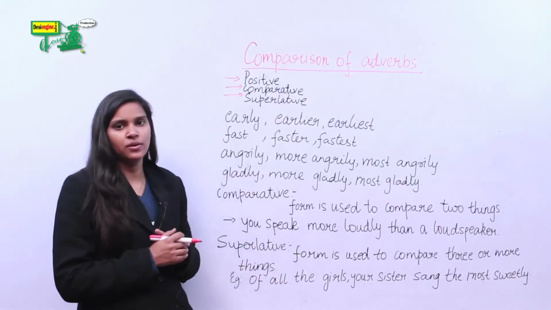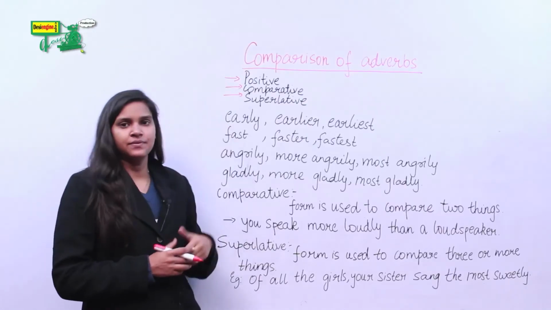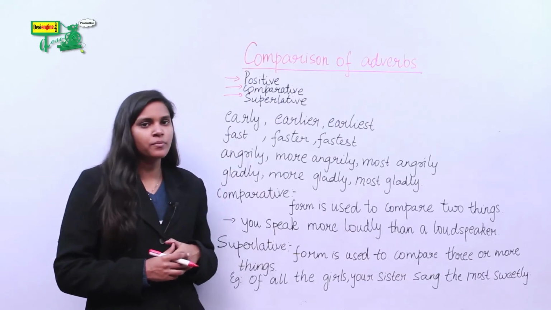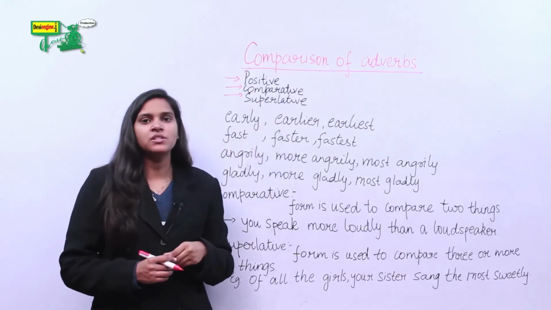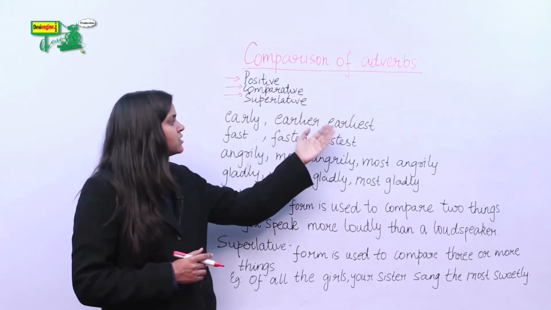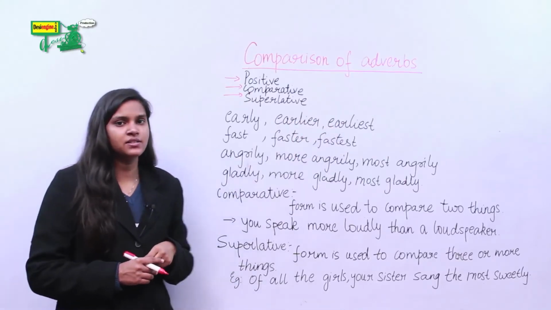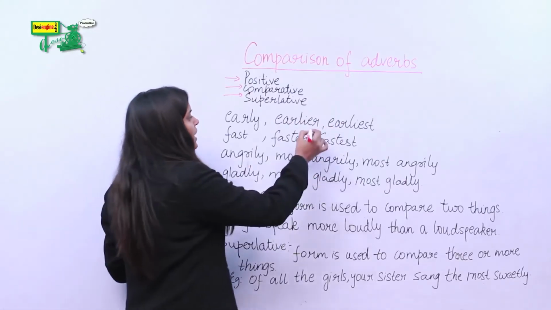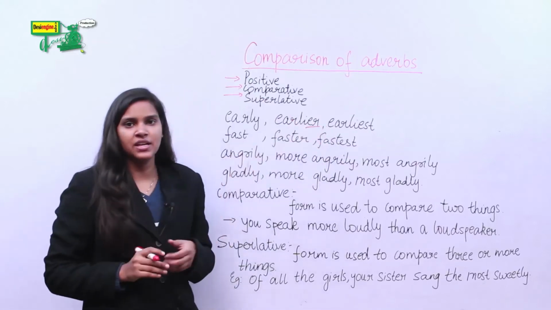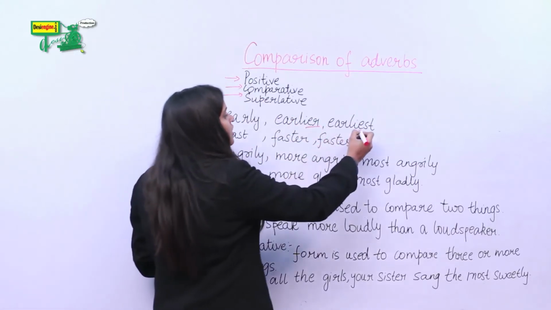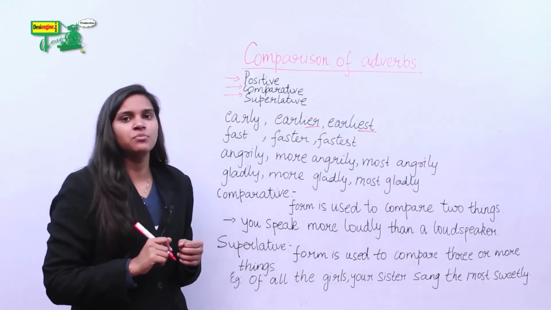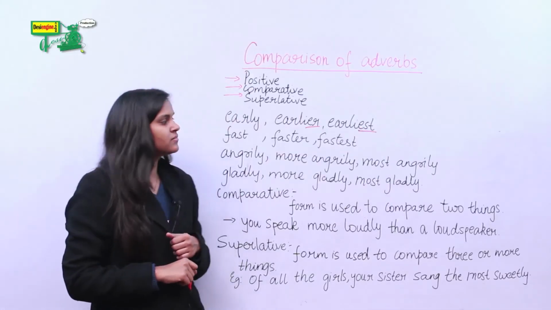Let's pick them one by one. Early, that's a positive form. Comparative form is earlier, and superlative form is earliest. Usually, the comparative form takes up the ending er, and the superlative form takes up the ending est.